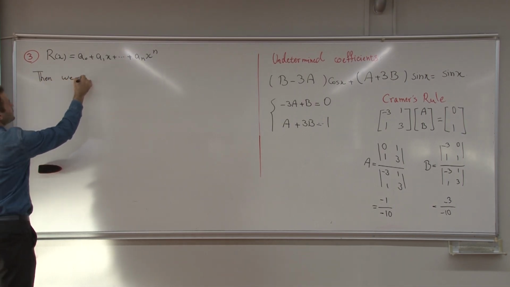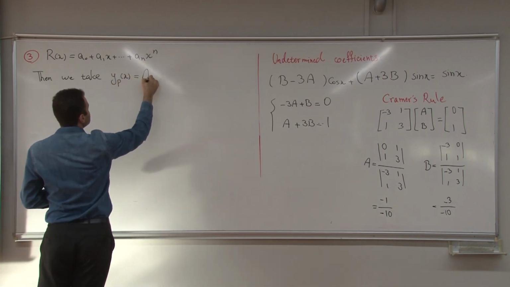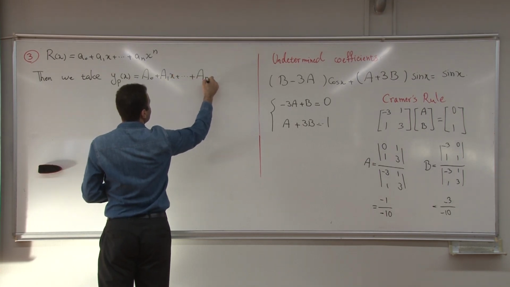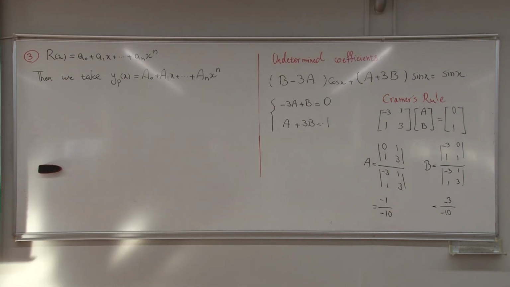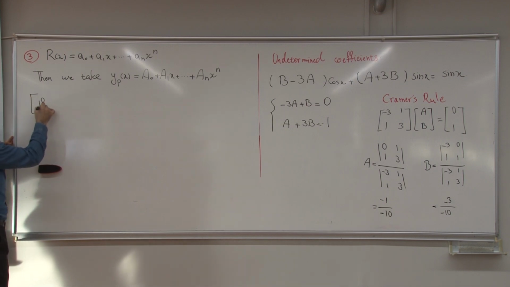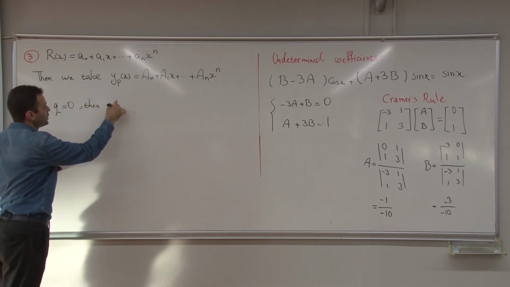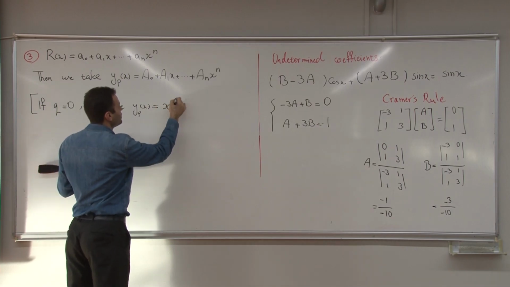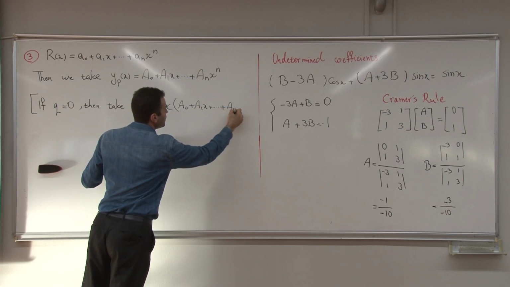Then we take yp of x as a0 plus a1x up to anxn. If q is equal to 0, then take yp of x as x times a0 plus a1x up to anxn.